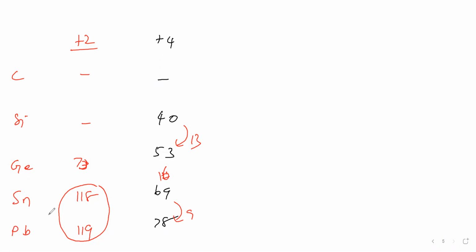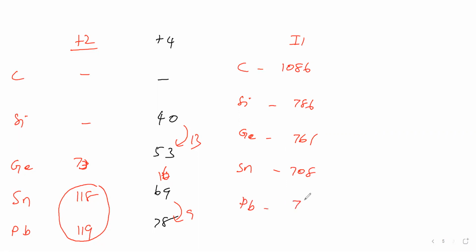Next we will go for ionization energy. First ionization energy we will take. For carbon, first ionization energy is 1086 kilojoule per mole. For silicon, 786. Germanium 761. Then tin 708. Lead is 715.